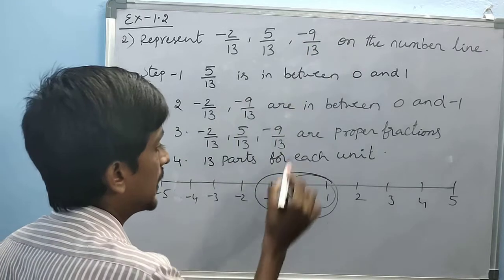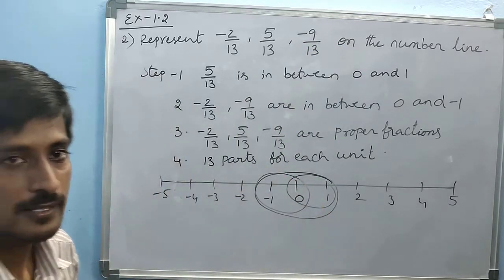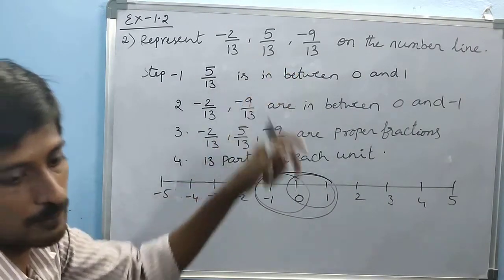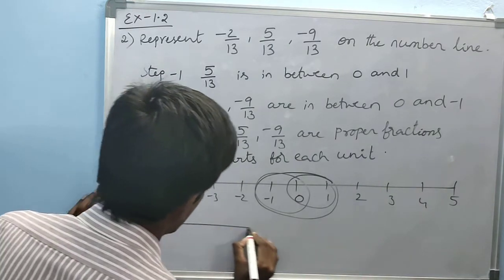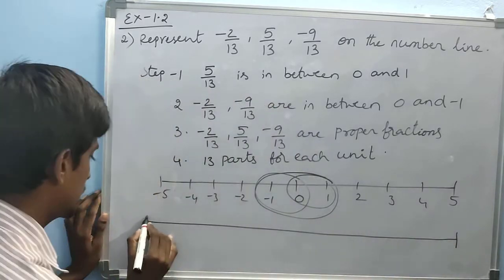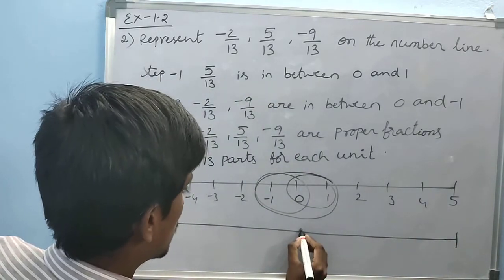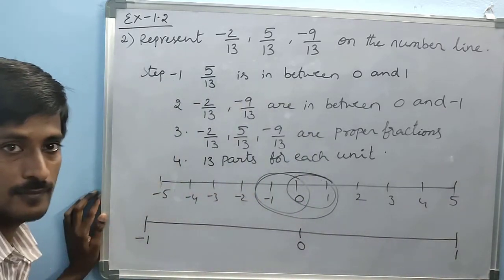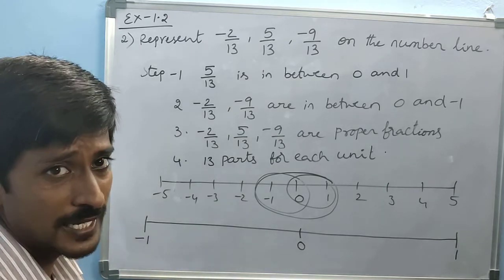Minus 2 by 13 and minus 9 by 13 are between 0 and minus 1. So each unit can be divided into how many parts? 13 parts. So minus 1, 0, 1. These two units, each one divided into 13 parts.